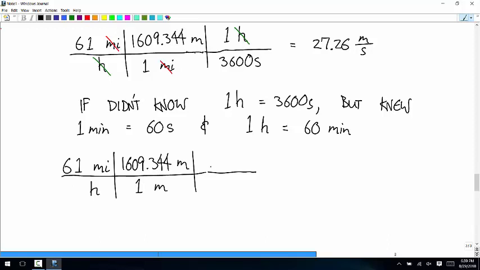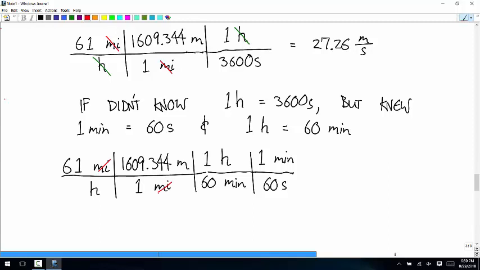So to cancel this hour, we have 1 hour up here, and we know that's equal to 60 minutes. And then we want to cancel the minutes, and we know that 1 minute is equal to 60 seconds. So this should be miles.